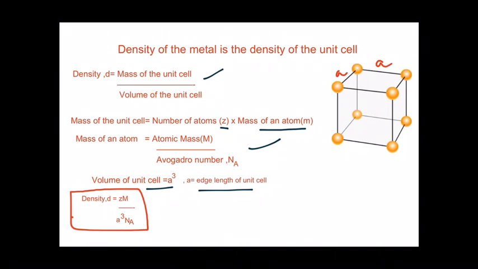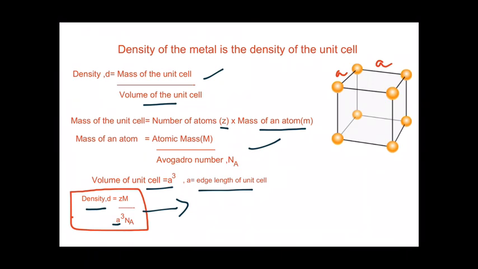So density is calculated by the formula mass of the unit cell by volume of the unit cell. Substituting that, in this particular box we have Z into capital M, where M is the molar mass of the substance, divided by volume a cube and Avogadro number Na.